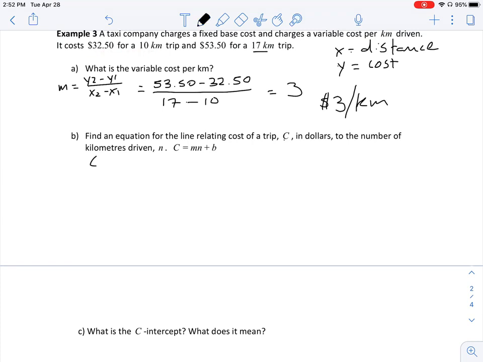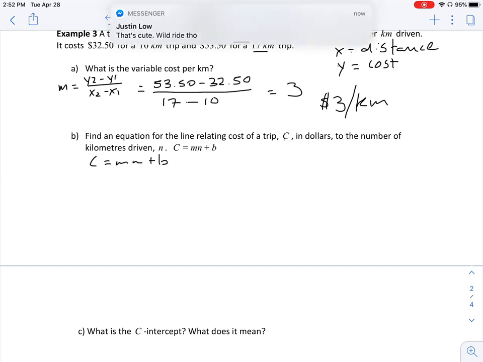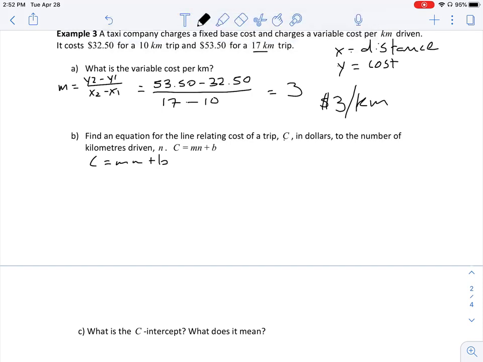So if the cost is equal to mN plus b, 3250 is equal to my slope, 3, times the distance of this trip, 10, plus b. I'm trying to find the b value, or in this case, the initial fare that it costs just to simply sit in the cab.